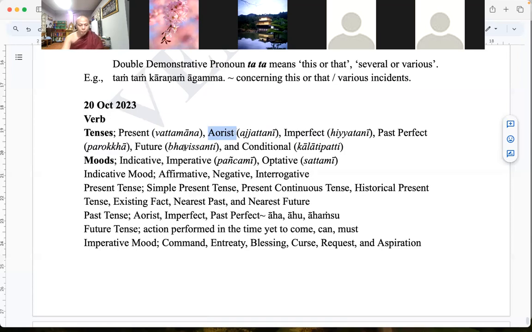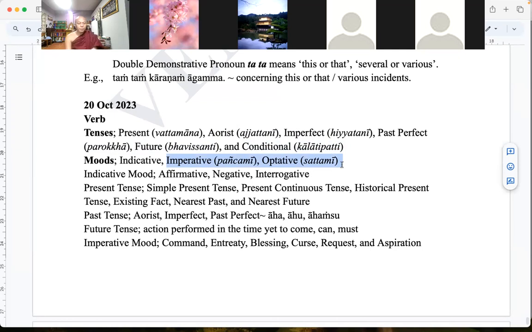And then the future tense and the conditional, Kalatipatti, we have also learned in the previous lessons. Now moods. Among these 3 moods, indicative, imperative and optative, imperative and optative we have learned maybe in lessons 5 and 6.